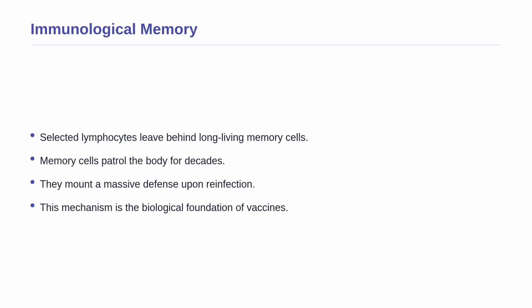This mechanism of selection and memory is absolutely critical because it forms the biological foundation for how vaccines protect us. A vaccine simply provides a harmless antigen to trigger this selection and build your memory cell army safely.